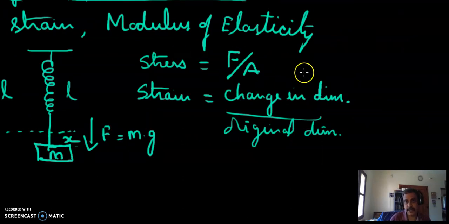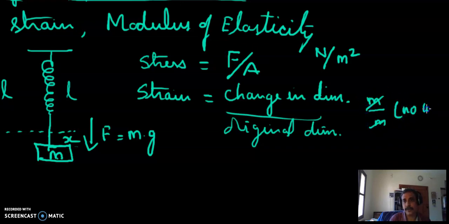Stress is F by A. The unit for F is Newton, and the unit for area is meter square, so Newton per meter square is the unit. For strain, it is meter divided by meter, therefore strain has no unit.